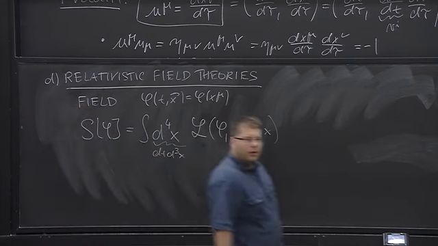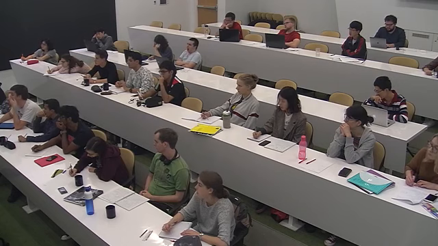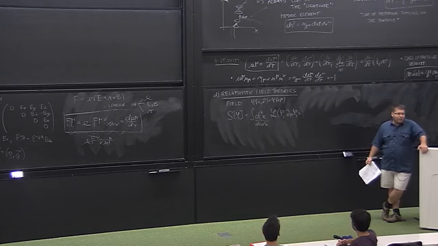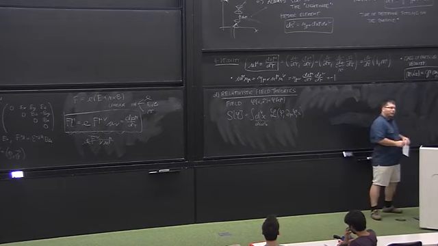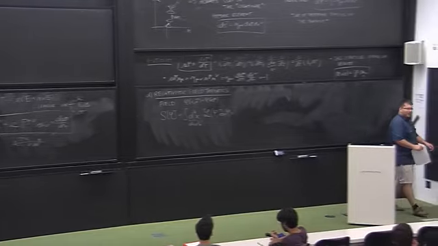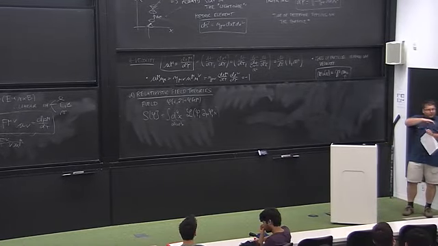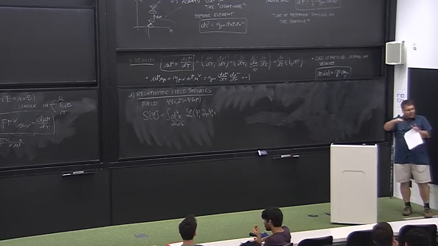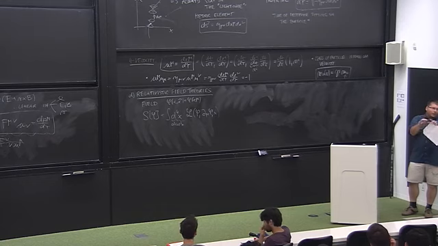Yes? Why do you start with the action and the Lagrangian and not with the Hamiltonian? Or you could start with the Hamiltonian. Although it's actually a little bit more complicated, because here we have done lots of work to unify space and time, right? So in order to formulate the Hamiltonian, you have to split the space-time into time and space again, and then do the Legendre transformation in the time direction.